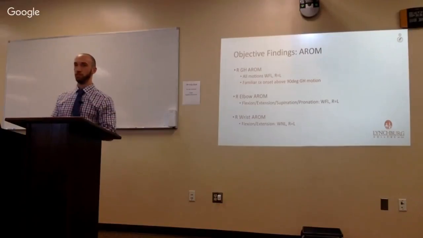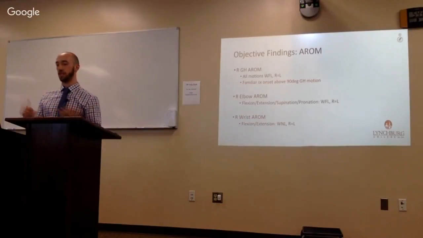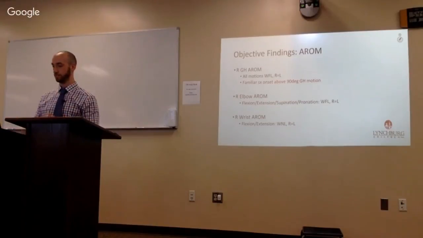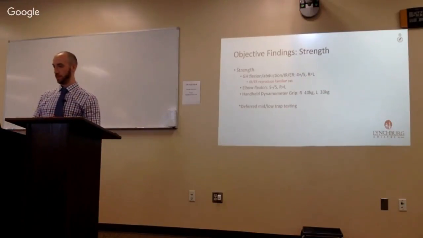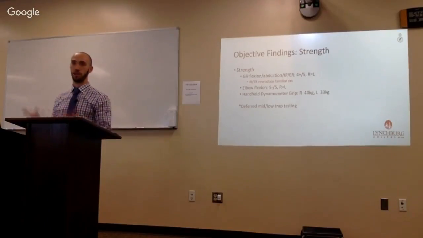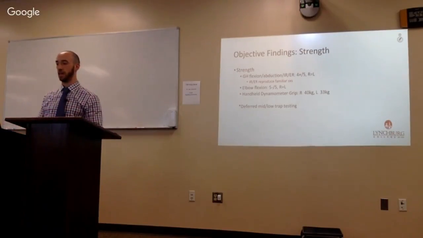His active range of motion at his glenohumeral joint, elbow, and wrist were all functional or normal and equal on both sides. But he had familiar onset of symptoms above 90 degrees for any GH motion on the right. So that's flexion, scaption, or abduction. And his strength was also relatively unremarkable. He was very strong for every muscle test that we did.